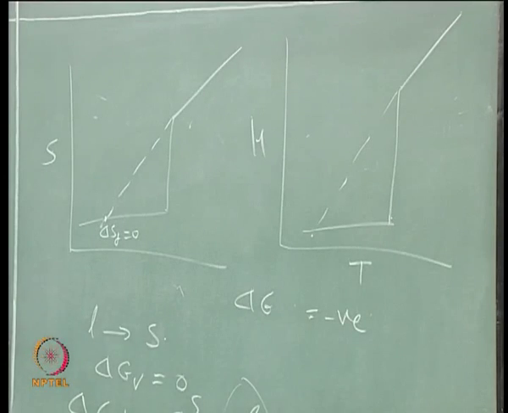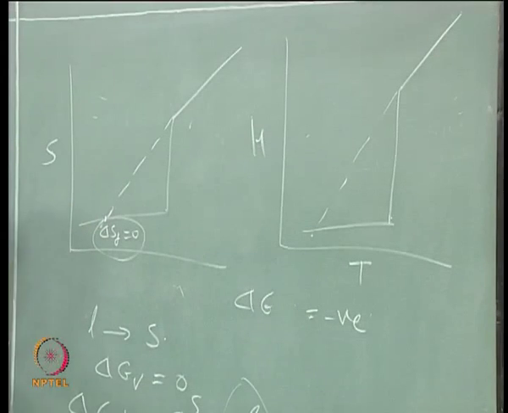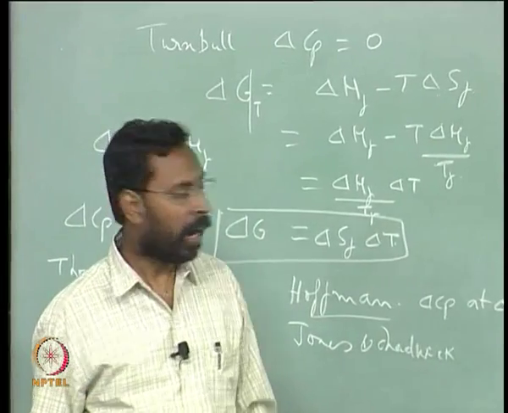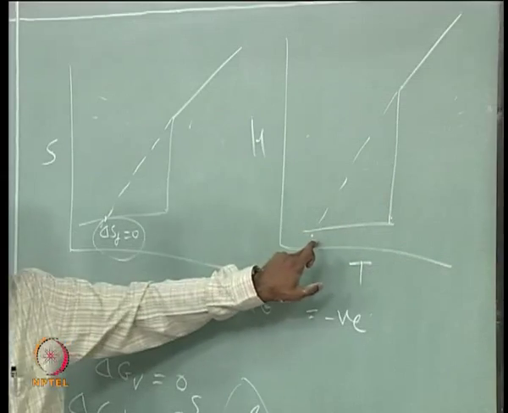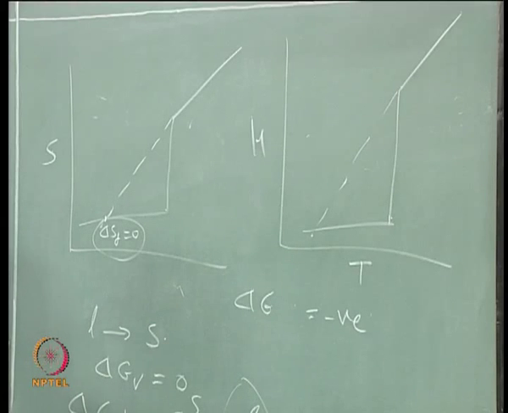Whereas when Hoffman talked about it, he did not bother about this. He says let us assume delta Cp, taking its absolute value, as that which you would get when delta H goes to 0. At that value, find out what the Cp of the liquid is and what the Cp of the solid is, and in principle one can calculate.